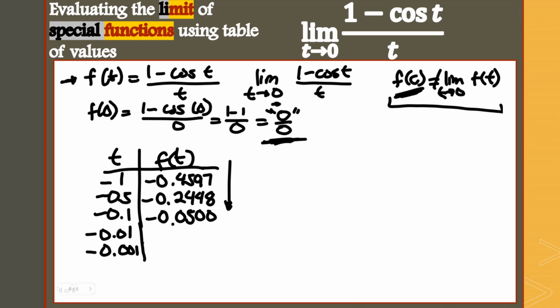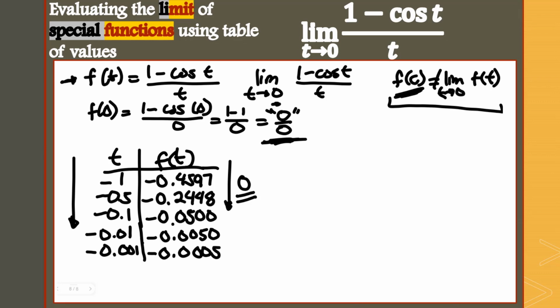As you plug them into the calculator, for negative 0.01 you will have negative 0.0050, and for the last value, negative 0.0005. In short, as t gets closer to 0 from the left, f of t is getting closer to 0. This is its limit from the left.